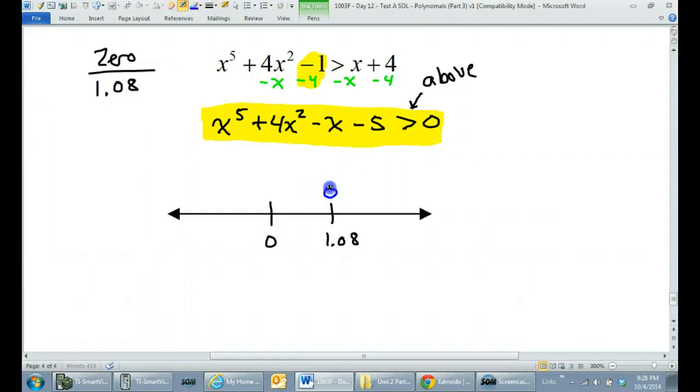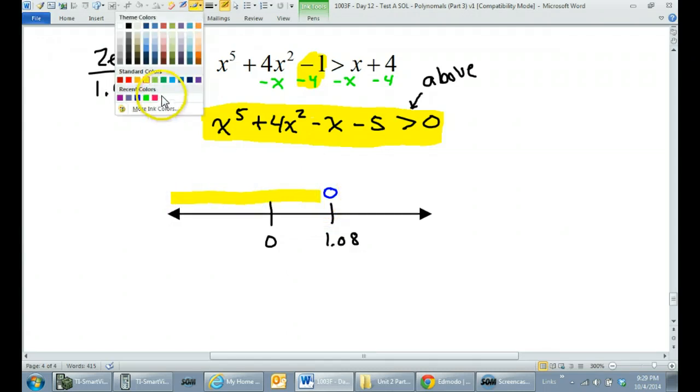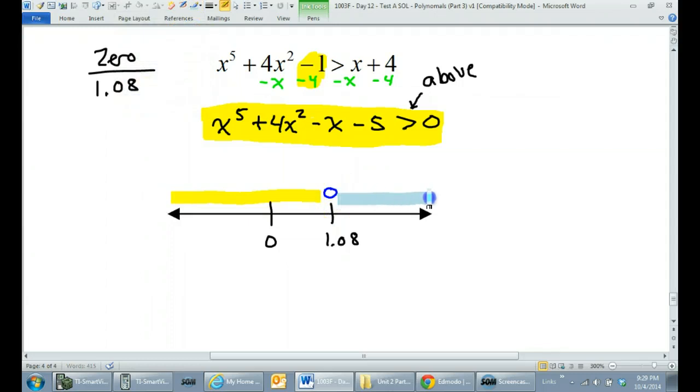I'm going to put an open circle because it's greater than, and so I don't want to include this border point. So I'm going to now look at the fact that I've divided the number line into 2 zones. I have a zone to the left, which I'll call the yellow zone, and I have a zone to the right, which I will call the blue zone. So I need to pick a test value from each zone.